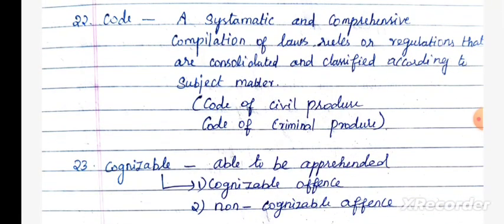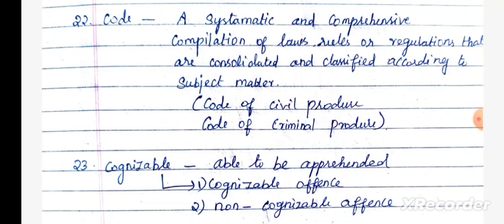Code. A systematic and comprehensive compilation of laws, rules and regulations that are consolidated and classified according to subject matter. Like Code of Civil Procedure, Code of Criminal Procedure. So what is a code? When a word has the word code, it means the whole act contains only the laws, the rules, the regulations of the specified subject matter.